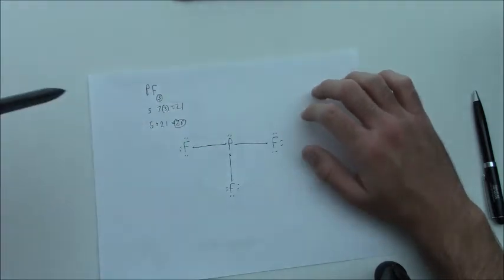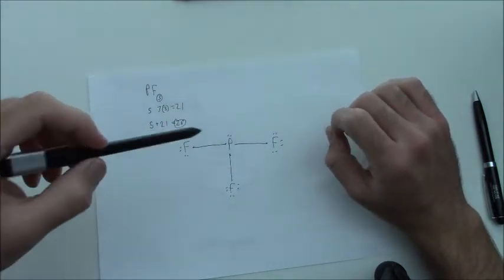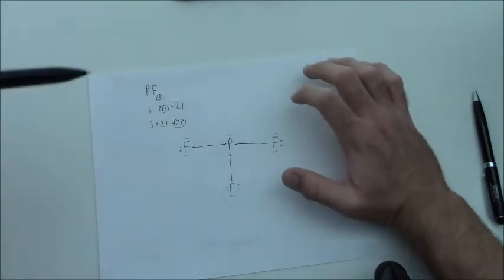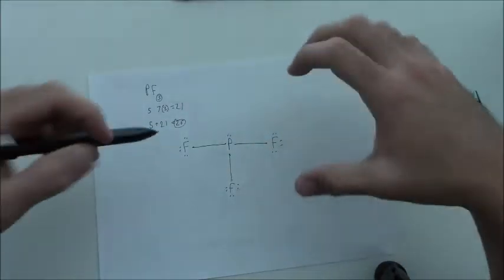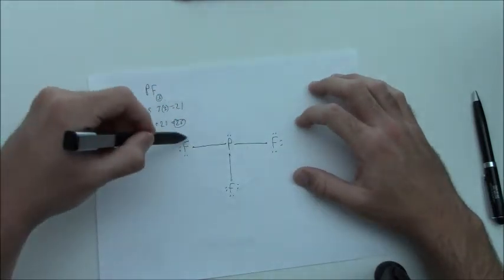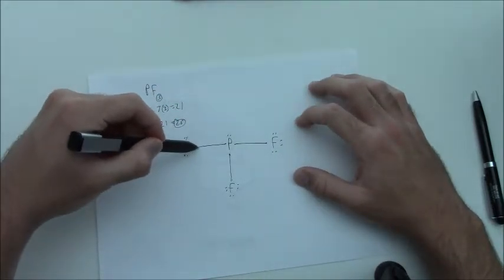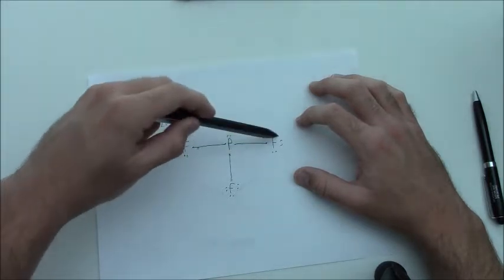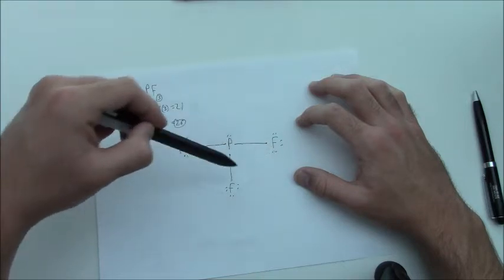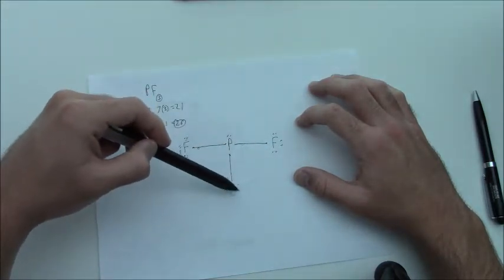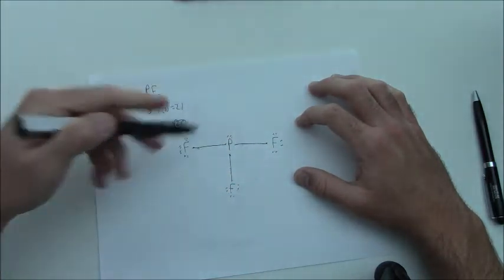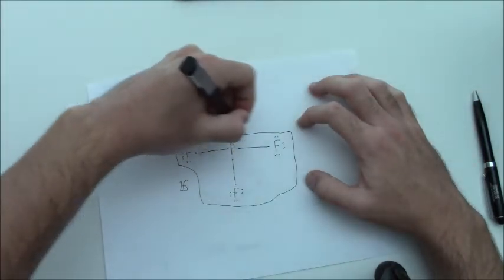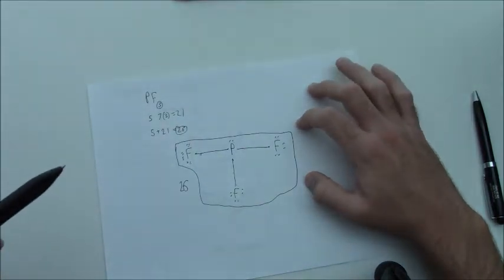As I've said in the previous video, valence electrons are the only electrons that participate in chemical bonding, so they're the only electrons relevant in our discussion of Lewis dot structures. So let's count. 1, 2, 3, 4, 5, 6, 7, 8. Remember, we count a single bond as 2. 9, 10, 11, 12, 13, 14, 15, 16, 17, 18, 19, 20, 21, 22, 23, 24, 25, 26. We have 26 valence electrons, meaning this is the appropriate structure for phosphorus trifluoride.